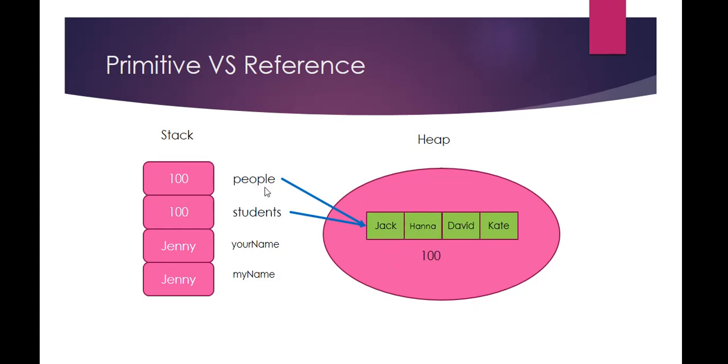So when I create this array and assign it to this people variable, the actual value of this array is not stored in the stack. So what do we store in a stack? The address of this array.